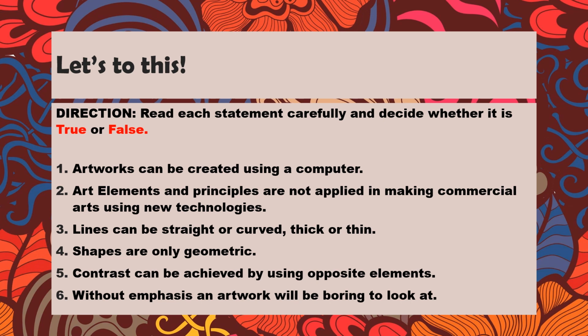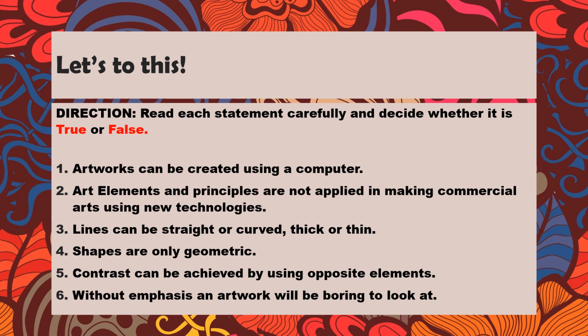Then, number 2, art elements and principles are not applied in making commercial arts using new technologies. Is it true or false? Number 3, lines can be straight or curved, thick or thin.